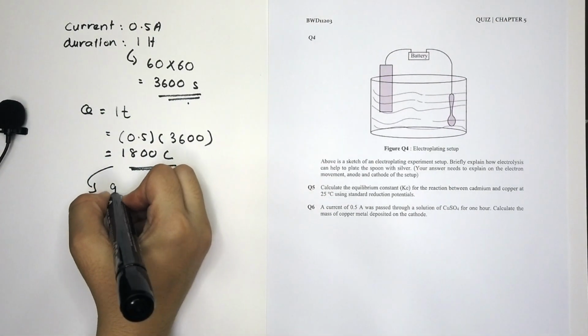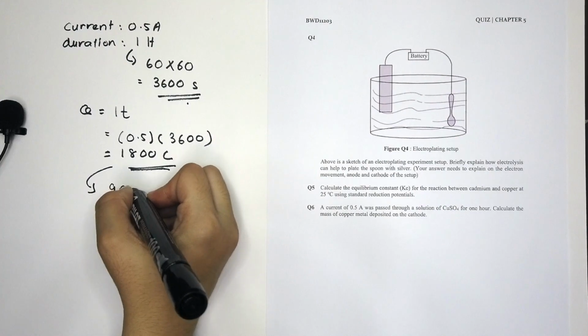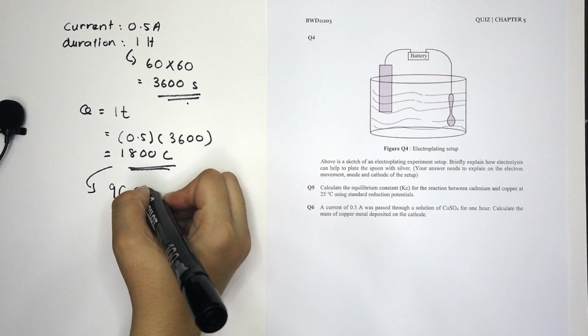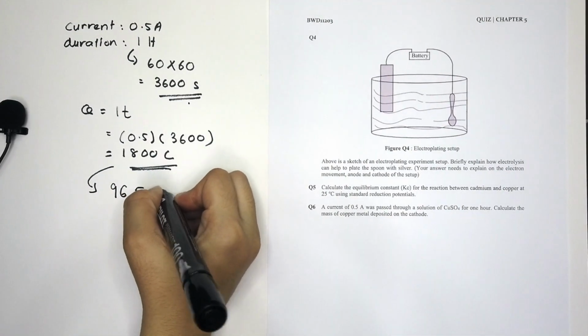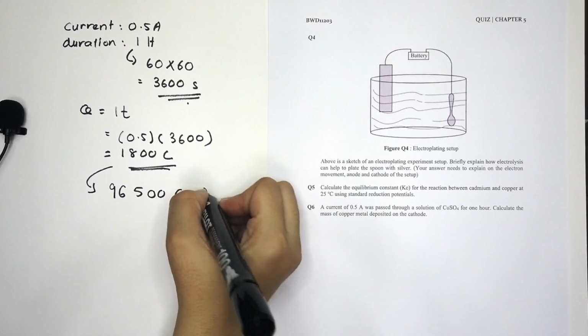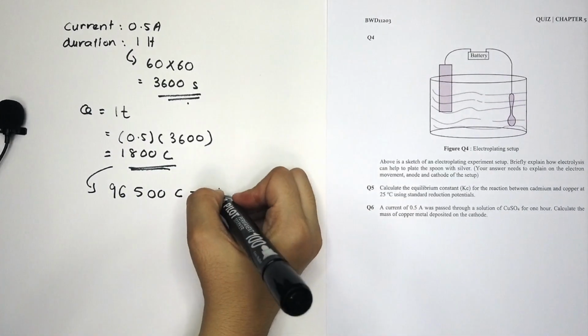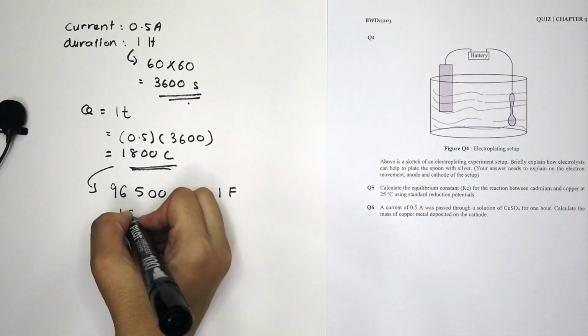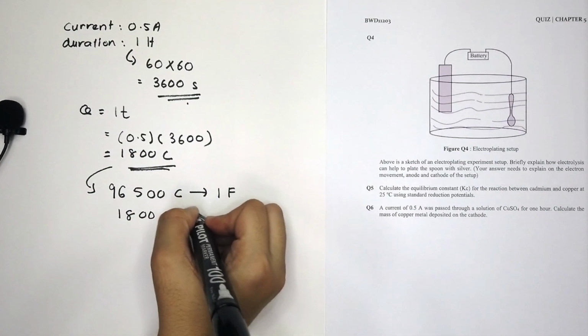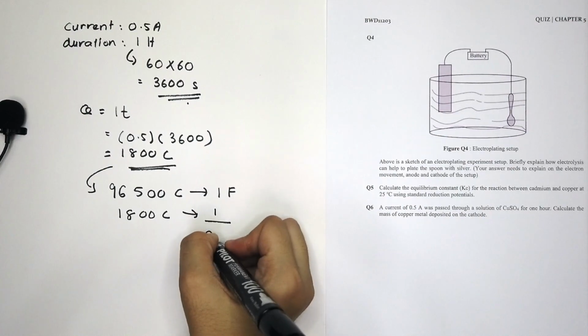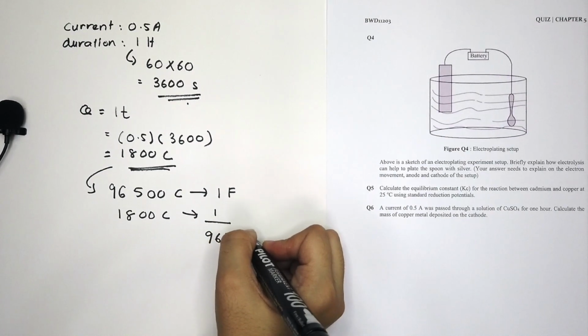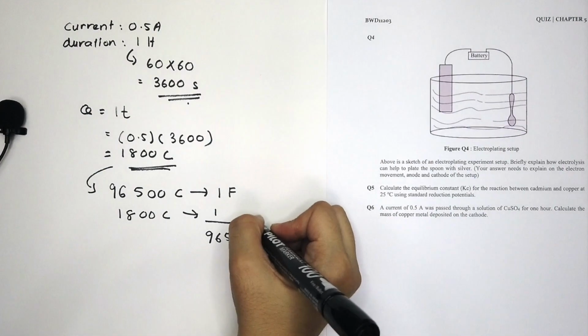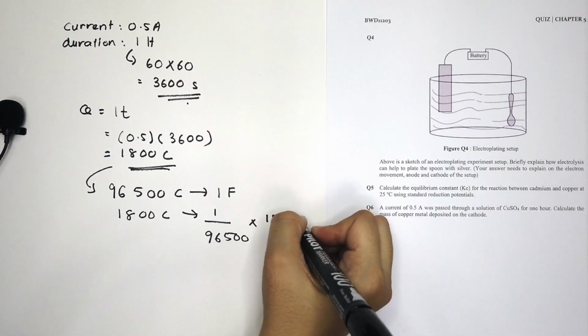Alright, so from here you need to convert to Faraday. So this is a constant value, 96,500 coulomb is equivalent to 1 Faraday. So since you only have 1800 coulomb, means that 1 over 96,500 times 1,800.